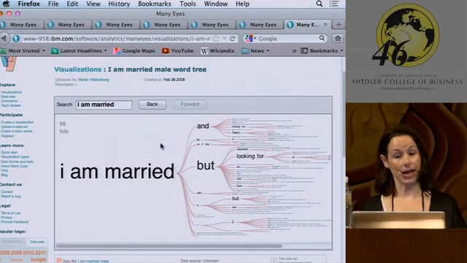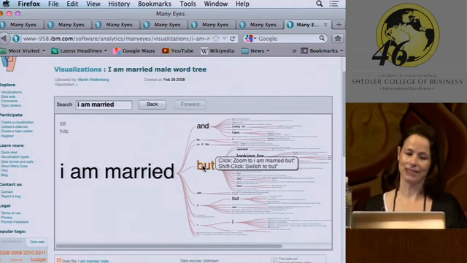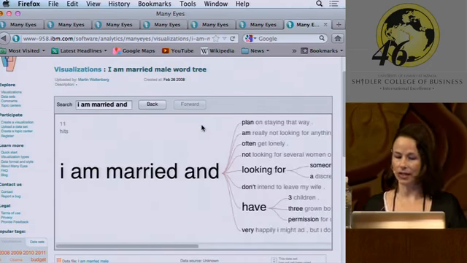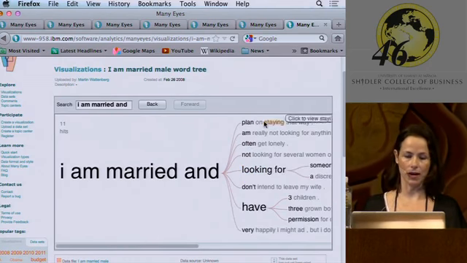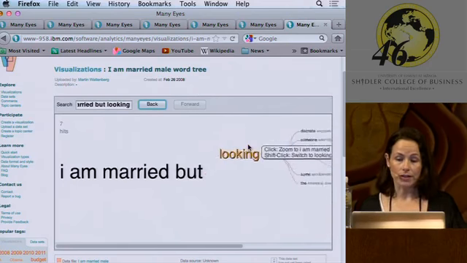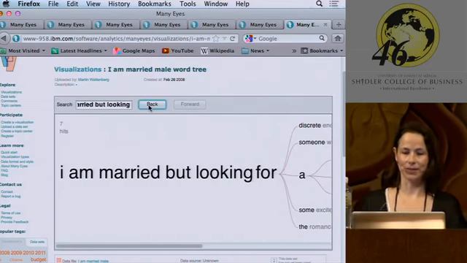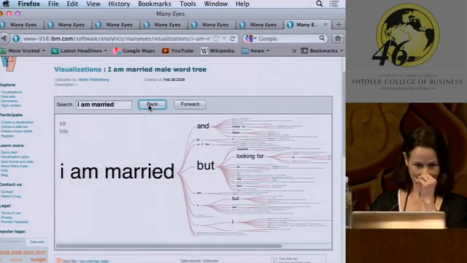I am married and looking. I am married but looking, right? I am married and looking for someone, and I am married and plan on staying that way, or I am married but looking for a discreet encounter, and so forth. So, different approaches.